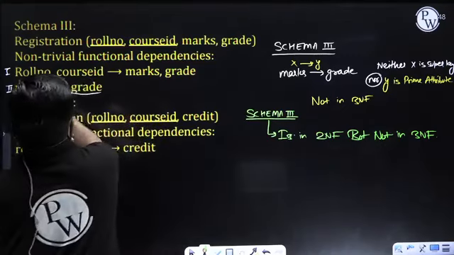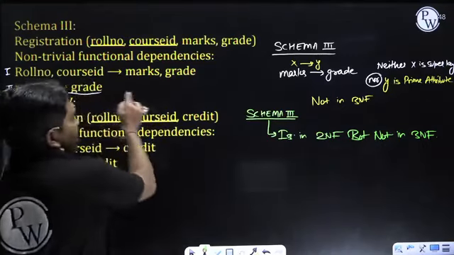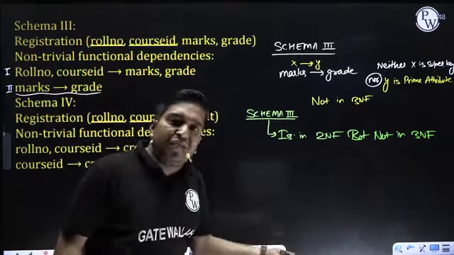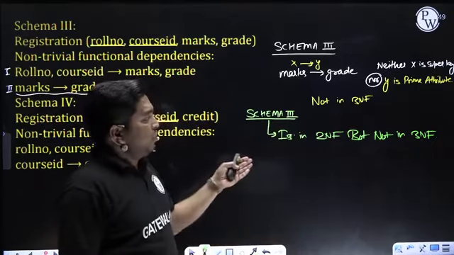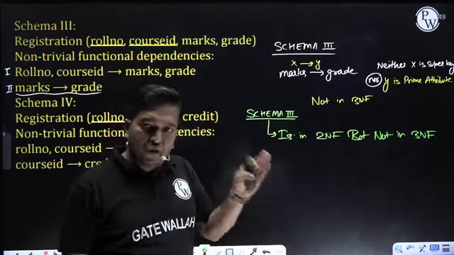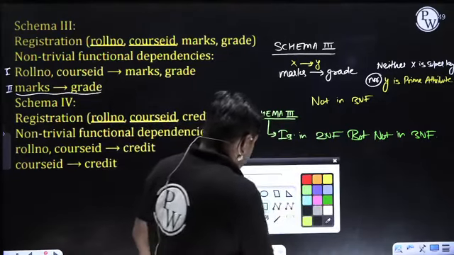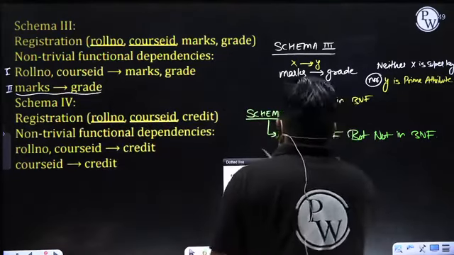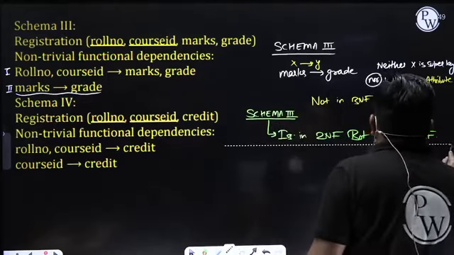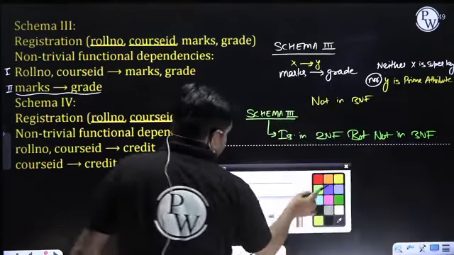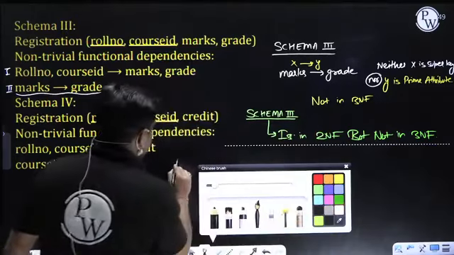This fails the BCNF condition also, and this fails the 3NF condition also. So we can conclude, schema third is in 2NF but not in BCNF. Now we will discuss schema 4, my dear. So what can we say about schema 4?